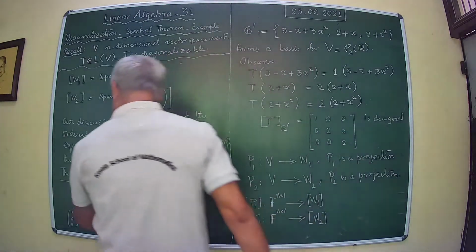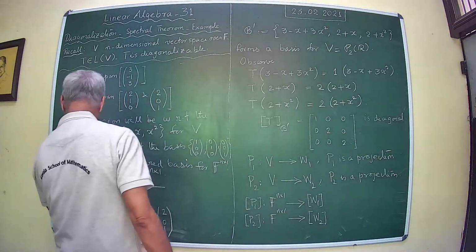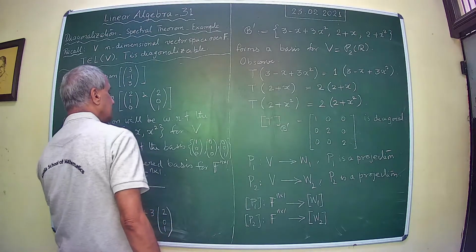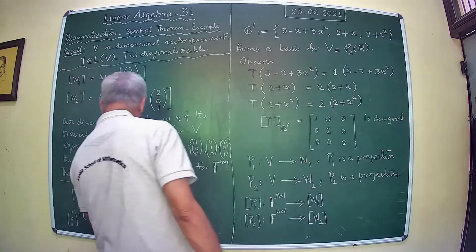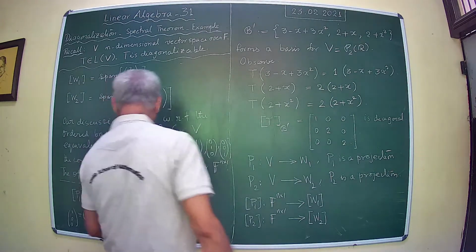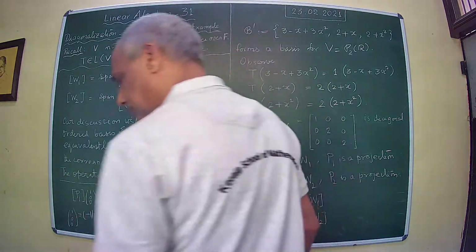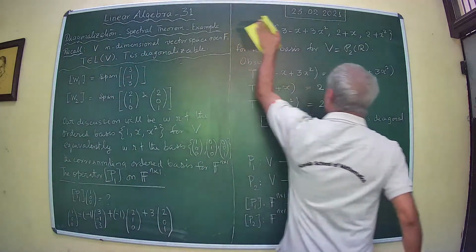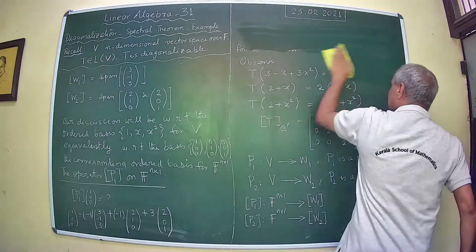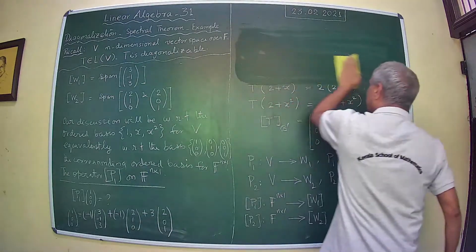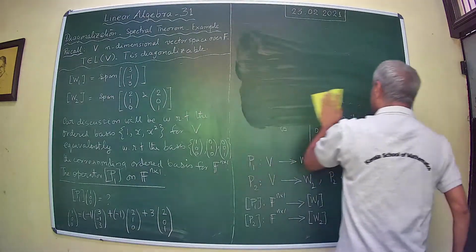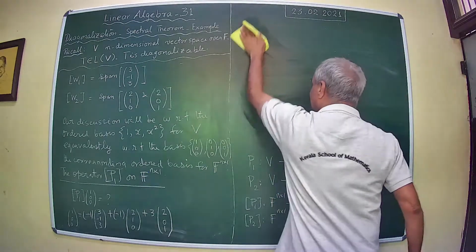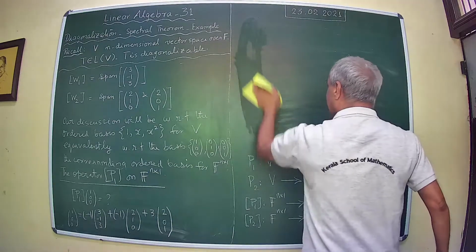This is the component on W1, and this is the component on W2. I'll just do it for P1, and then for P2 and P3 you go through the computations. That's a good exercise.